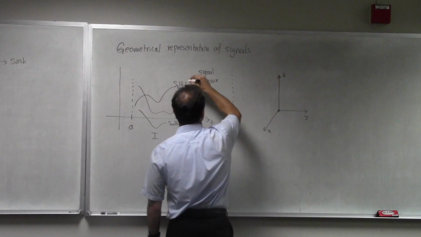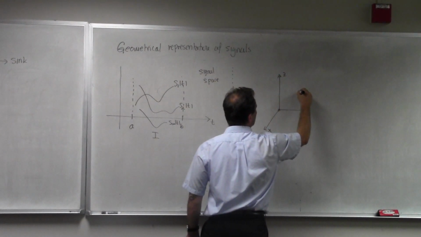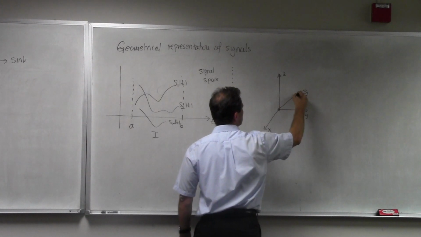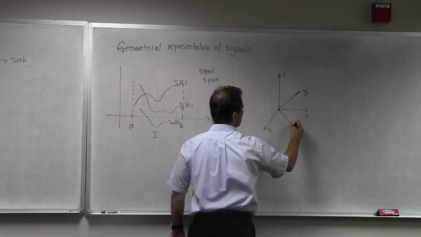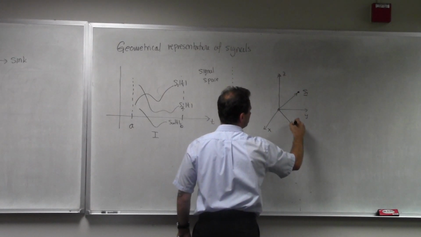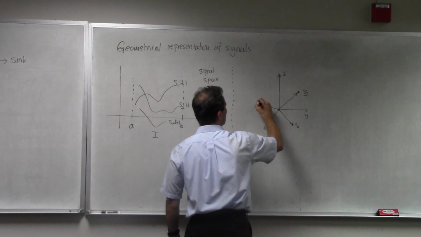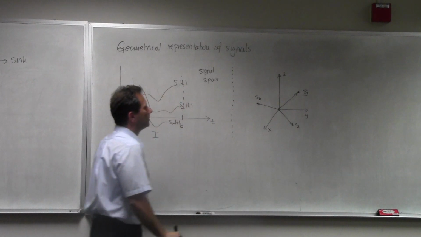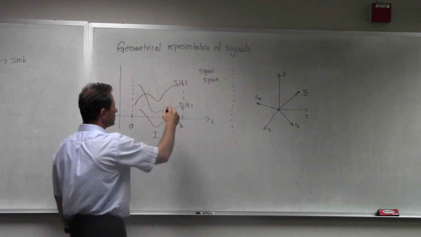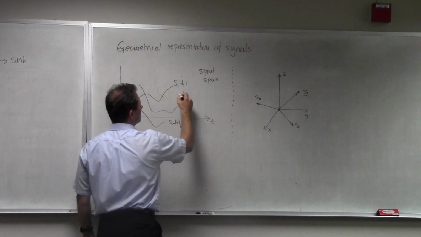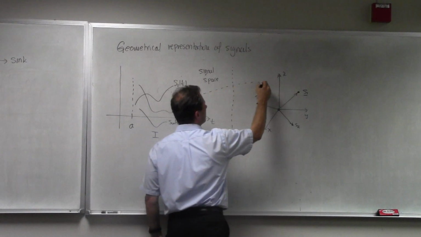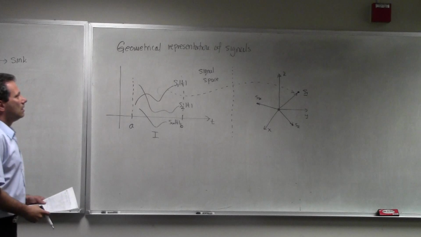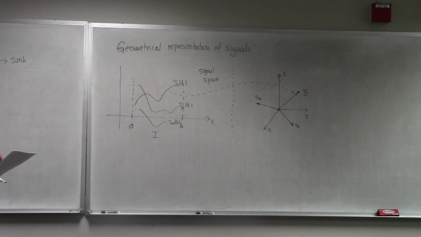And every one of these signals would map into a vector in this particular space. So this would be, for example, S1. This would be S2, Sn, and so on. All right. So I need to learn how to map this waveform into this particular vector. Okay.